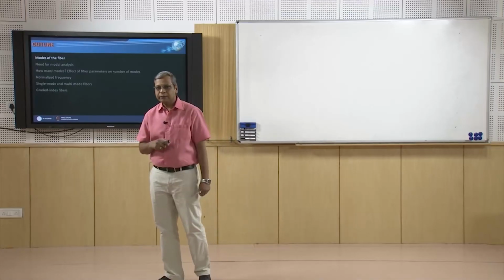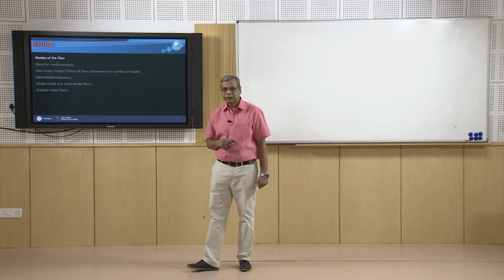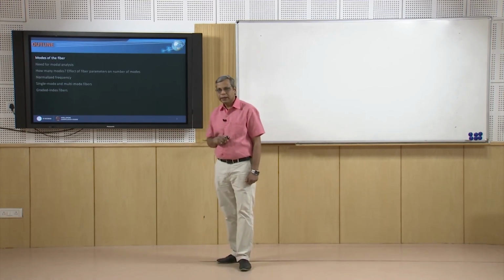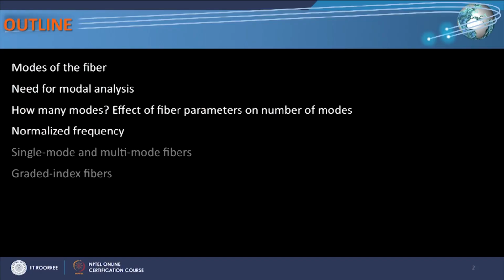We will also see that we can integrate all the parameters of the fiber and the wavelength of light into a single parameter which is known as normalized frequency. Then we will try to understand what are single mode and multimode fibers, and then graded index fibers.